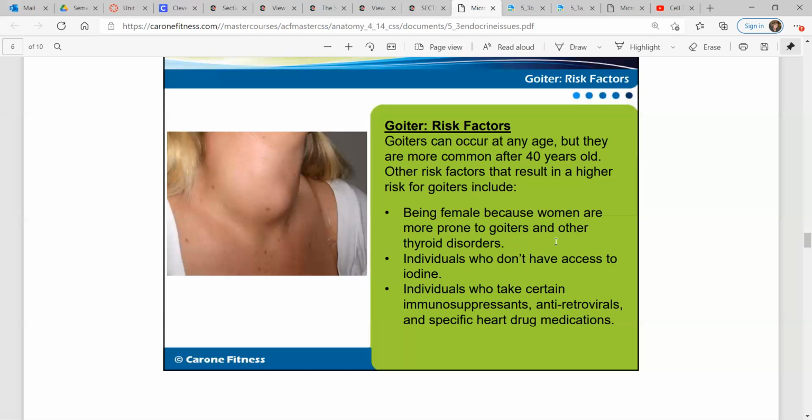So if your body's already dealing with something else, or you're taking medication that can suppress your immune system, you may be more susceptible to goiters.